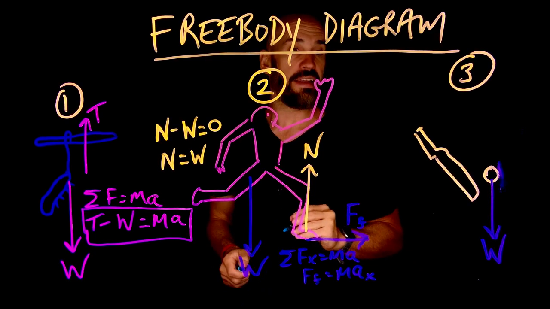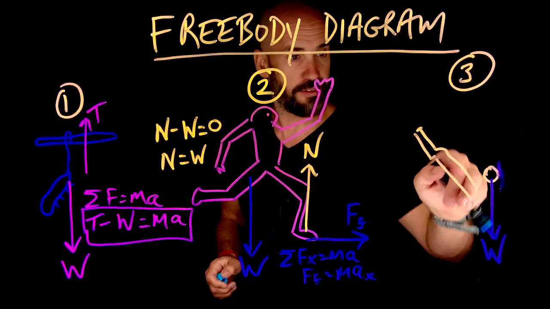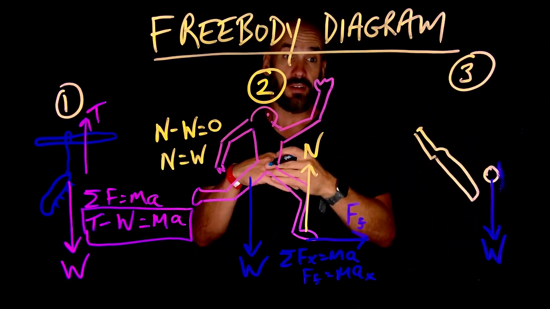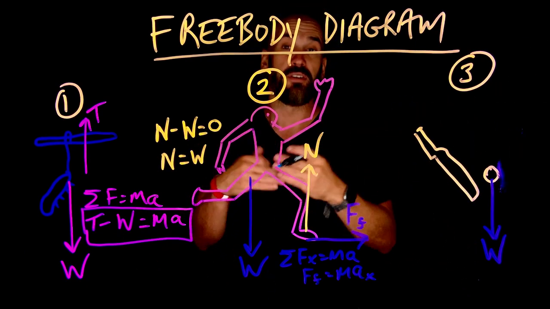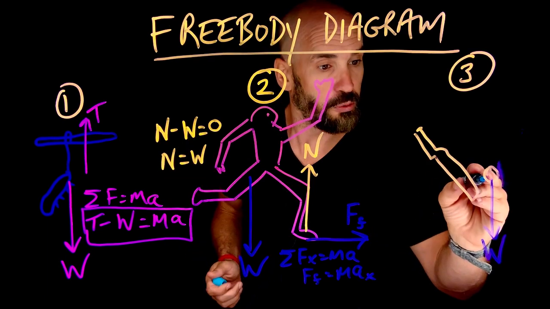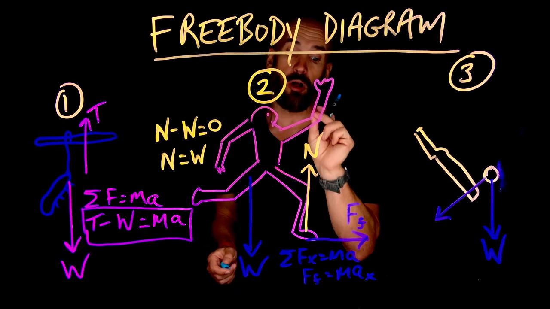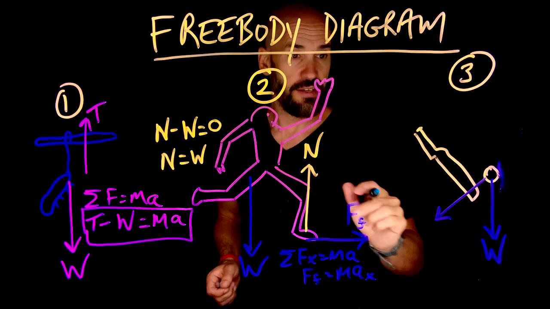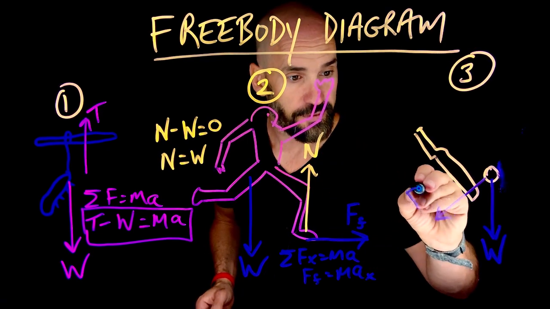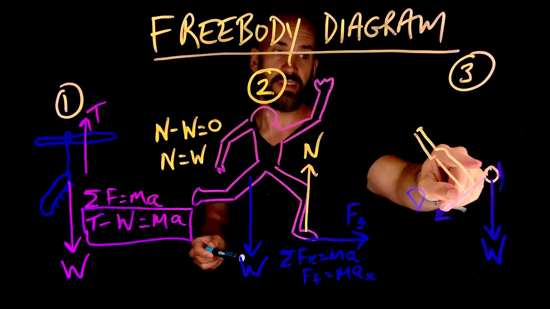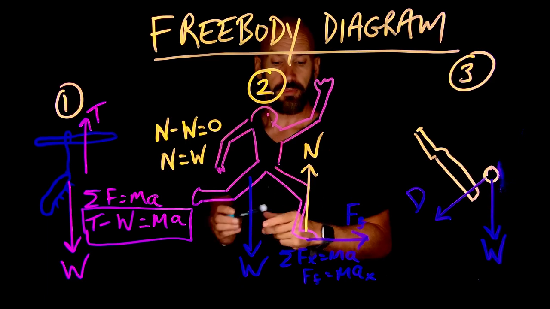And let's say that the direction of the velocity is this way. Well, there's an atmosphere, and an atmosphere causes a drag force. So there also would be a drag force opposite the velocity. Drag force is always opposite an object's velocity, so we would put D here for drag force. Those are the only two forces acting on that baseball.